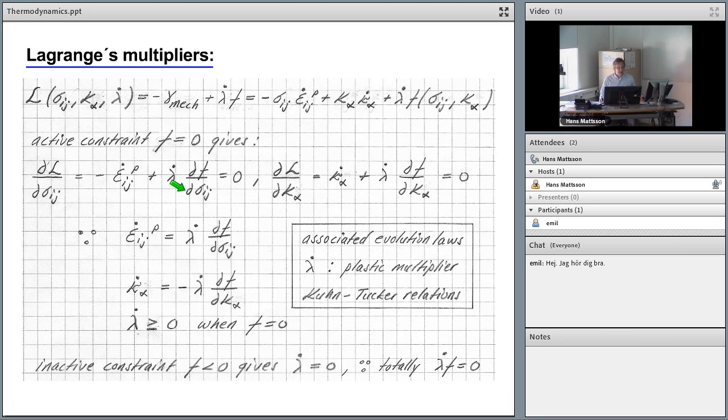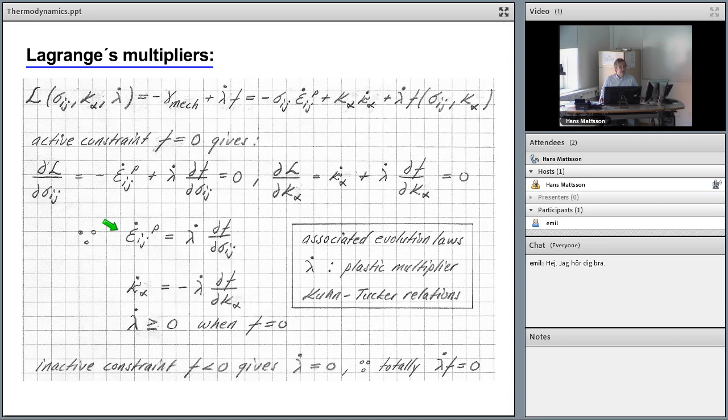And we take the partial derivative of this Lagrange function with respect to the hardening parameters, and then we get this result here, hardening parameter both in this term and this term, and that should be equal to 0 according to this mathematics. So this first partial derivative of the Lagrangian function gives us this result, and this result you by now recognize as the flow rule for associated flow.